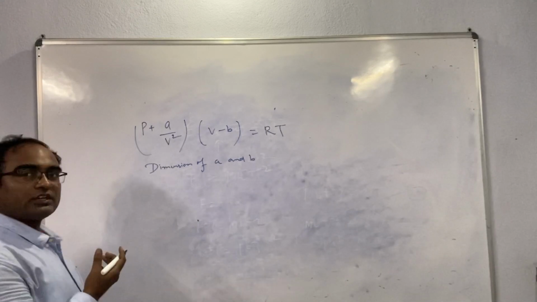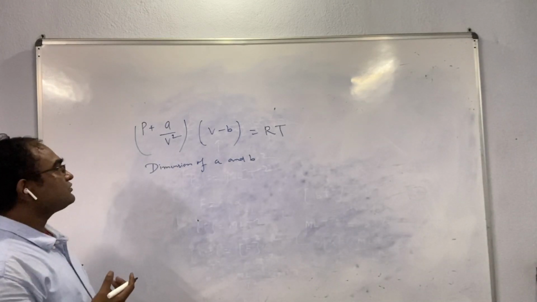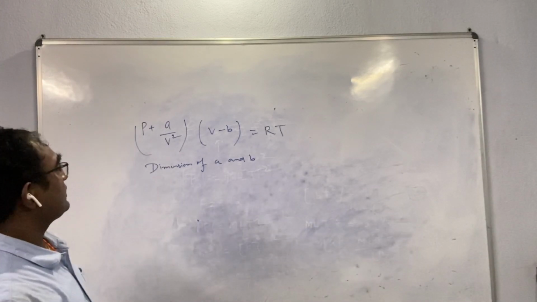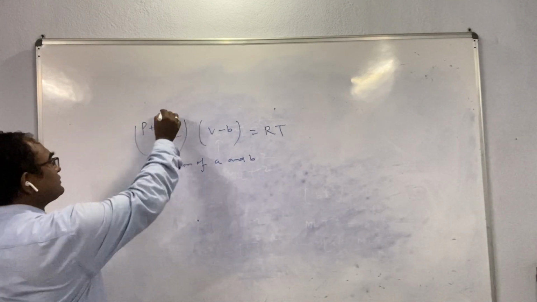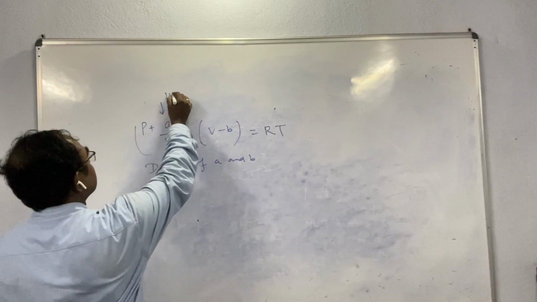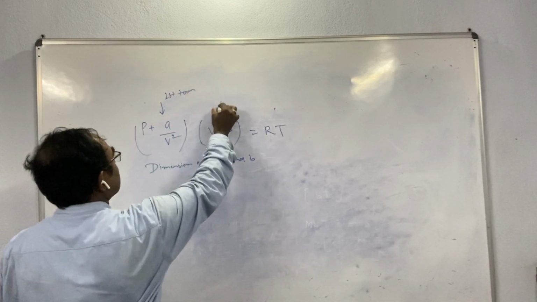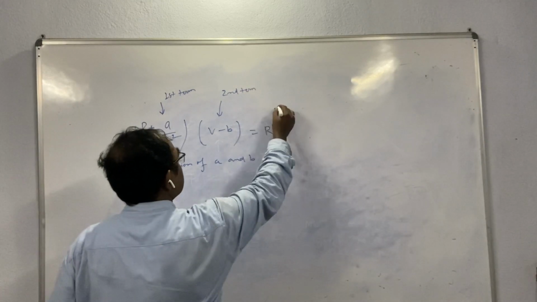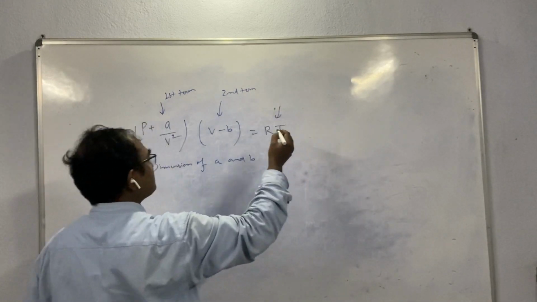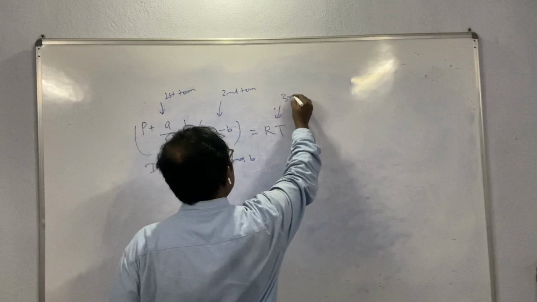This equation looks complex, but it is very easy to find the dimensions. Here this is the first term, this is the second term, and this is the RHS part. You can take it as the third term.